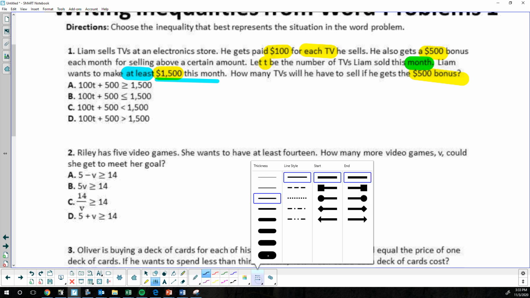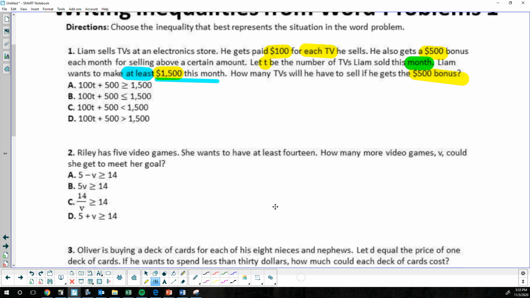If I want at least $1,500, kind of think below and above, okay? So the $1,500 is right here. So if I need at least $1,500, is $1,400 okay? Yes or no? Is $1,600 okay? Yes or no? So hopefully you're thinking about it.